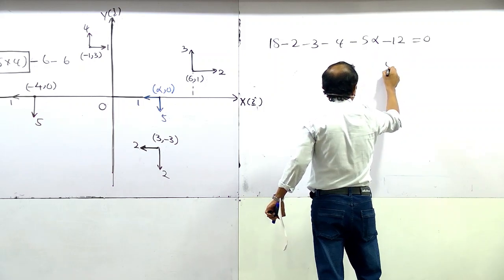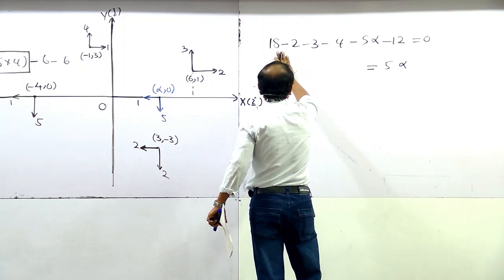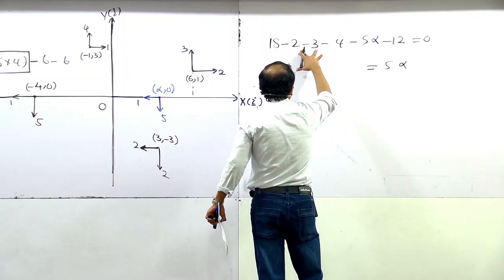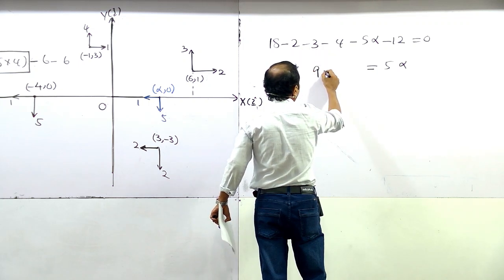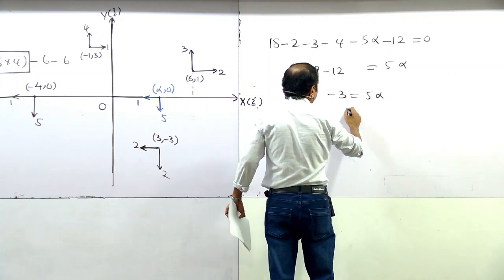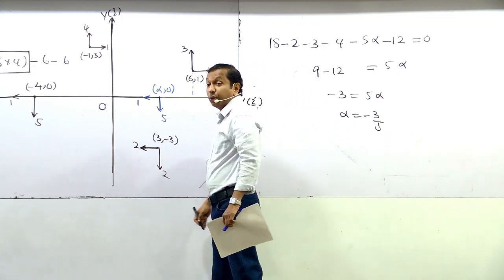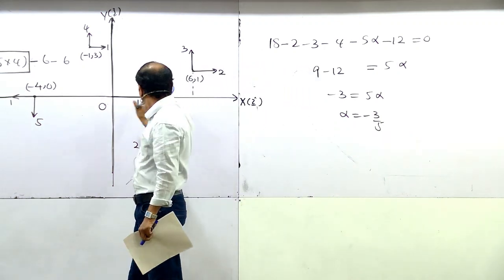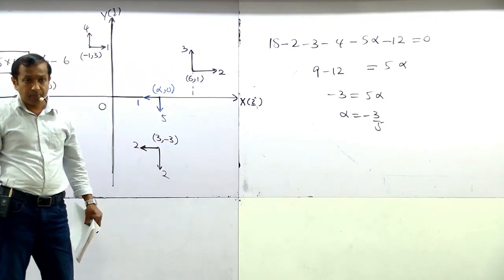Take 5 alpha to the right hand side. Here 6, 9, minus 12, right, minus 3. 5 alpha equals minus 3, so alpha is minus 3 by 5. We get alpha negative. What do you mean by that? Still, this force is on the negative x-axis.